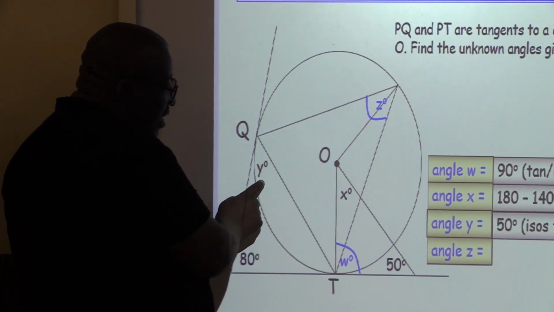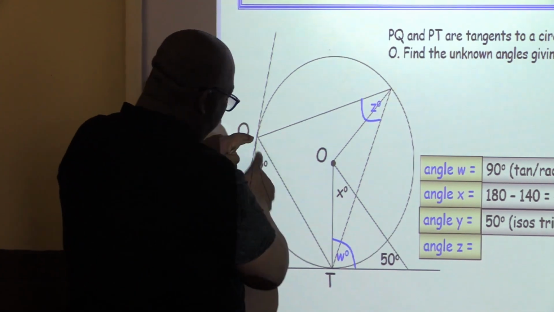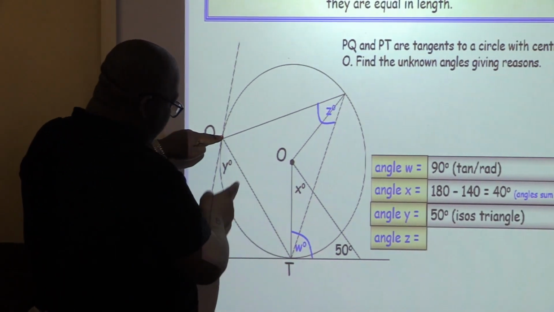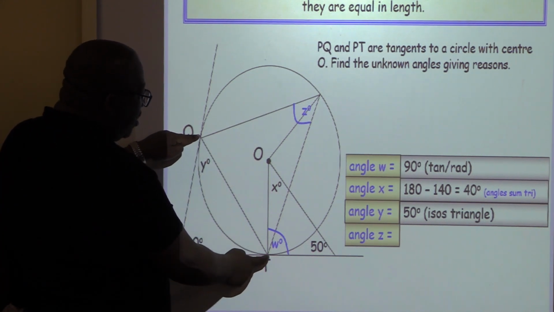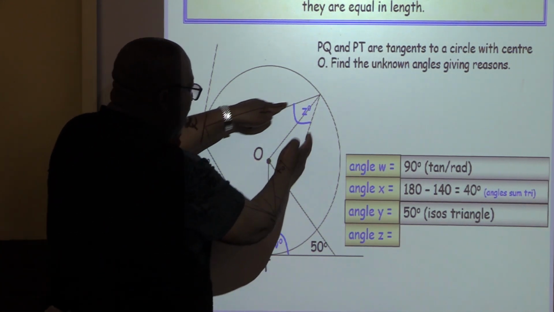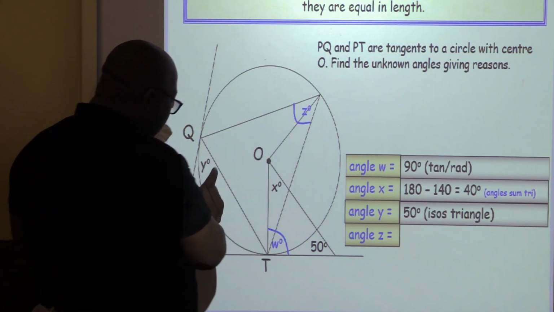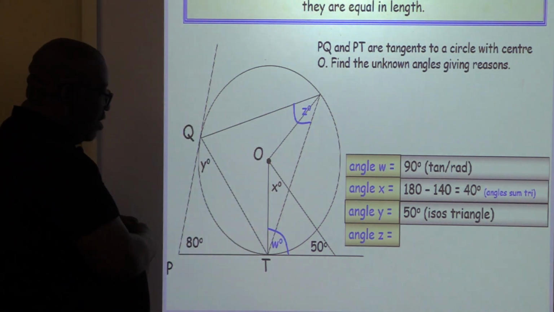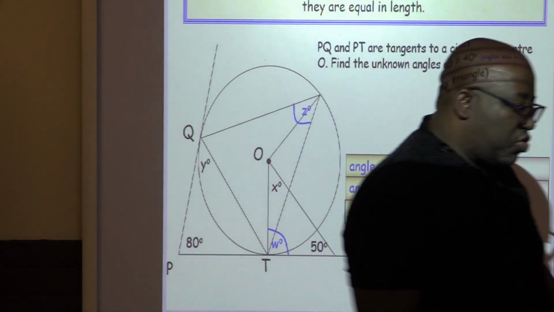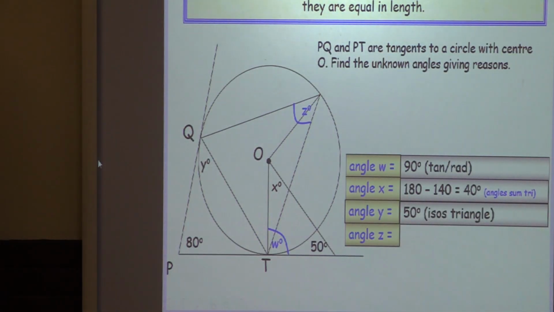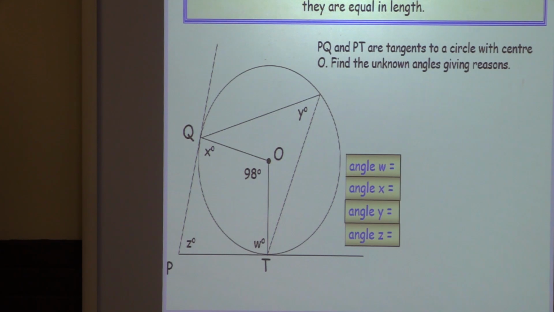So if this is 50, as we are told here, this angle here, it's between a tangent and a chord. I'll go with my chord to the circumference. So this angle here is the same as this angle, tan chord theorem. So if Y is 50, therefore that will also be equal to 50 degrees. Right. Tan chord theorem, or angles in the alternate segment.